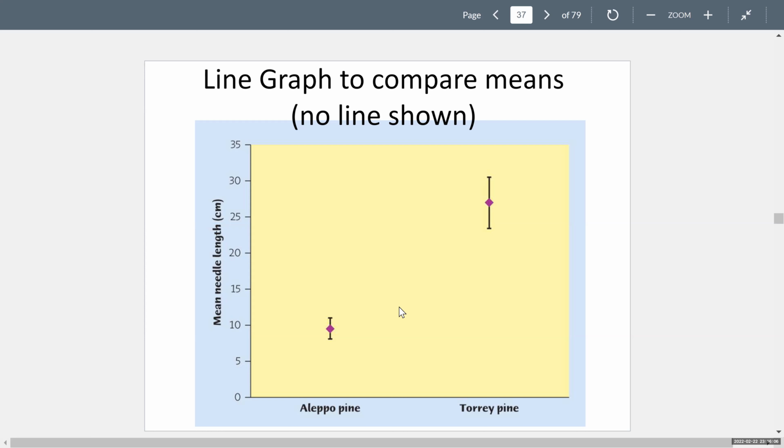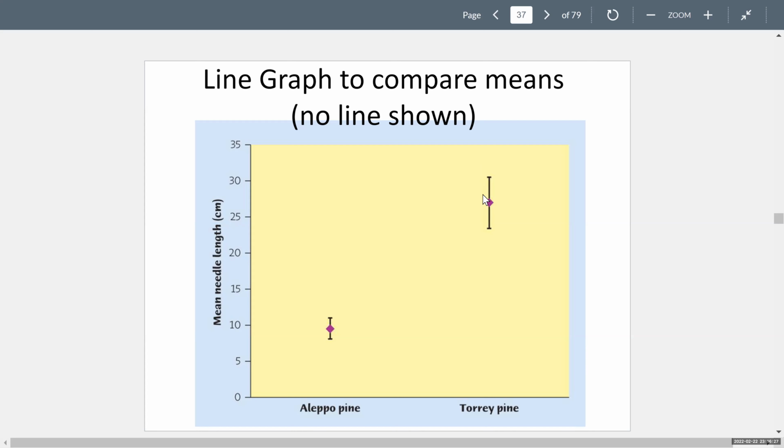Now, later on in the semester, we're going to be learning the statistical tests that we would use to say, are the needle lengths of these two pine trees significantly different from one another? And it turns out it takes into account both the difference between the means and how variable the data is around those means.